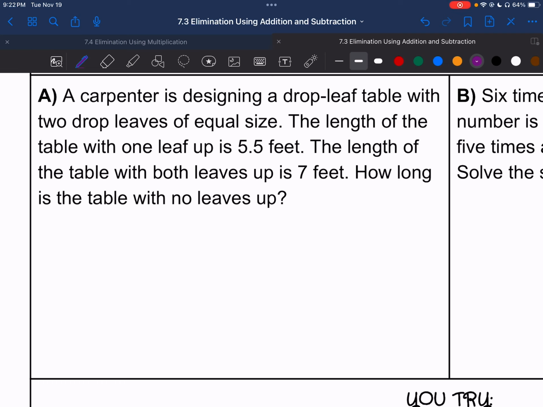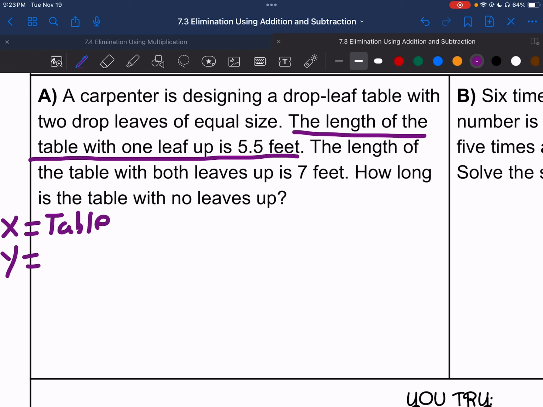So our first sentence describing it, we've got the length of the table with 1 leaf up is 5.5 feet. Well, we don't know how big the leaf is, so I'm going to say our variables, right? We don't know how big the leaf is, and we don't know how big the base of the table is. So we're going to say table is x, and leaf is y.